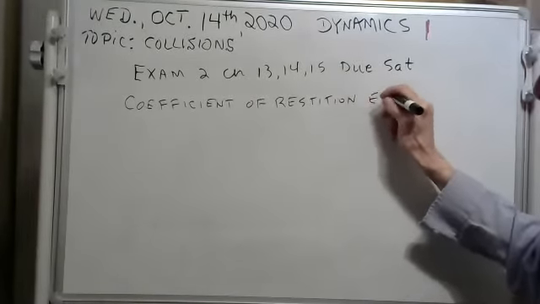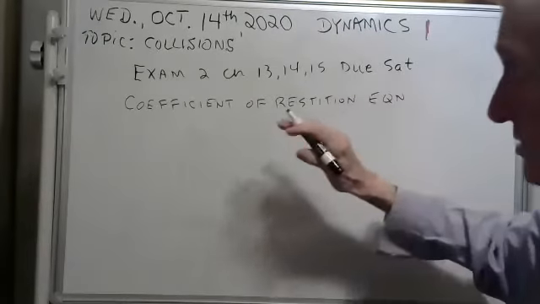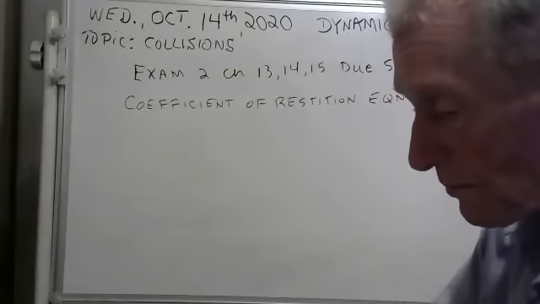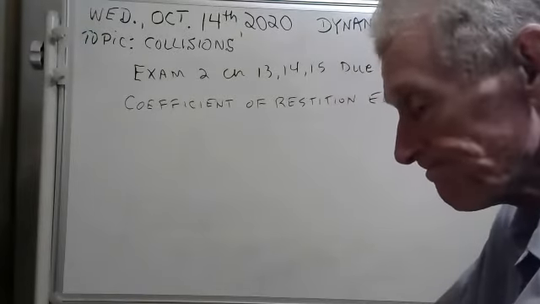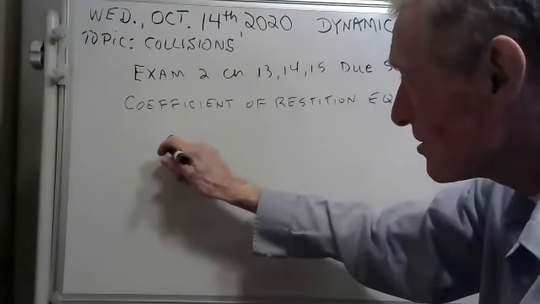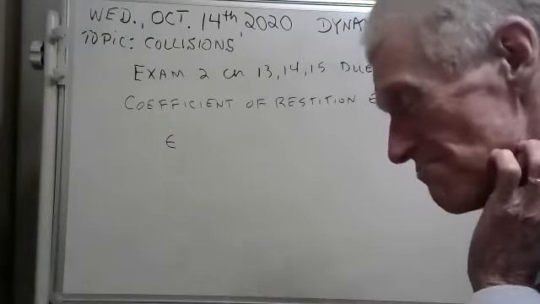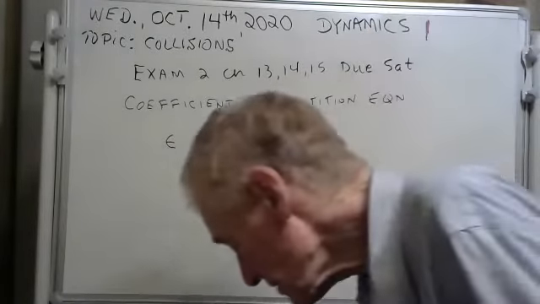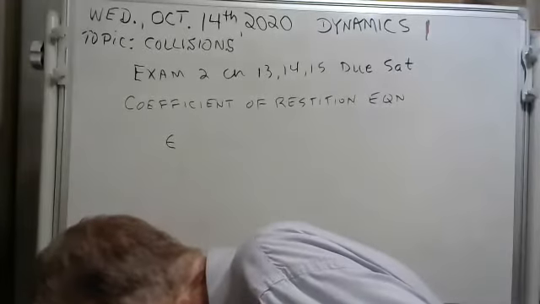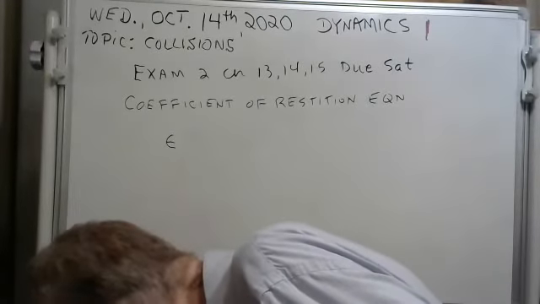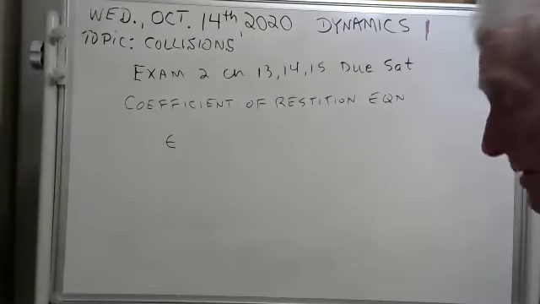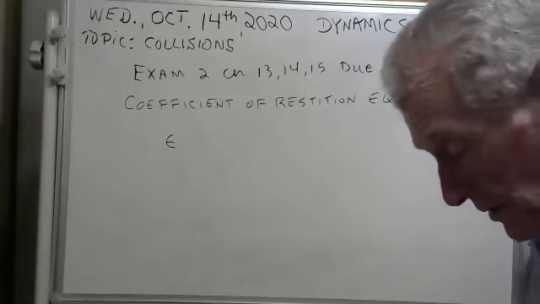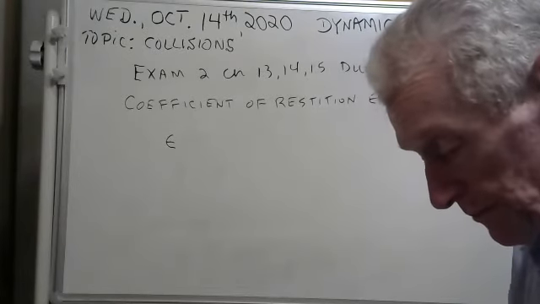Well, there's a coefficient of restitution, and the symbol the book uses, I think they use a little lowercase epsilon. Is that right? Just a minute. Let me dig in my book here. I'm going to look it up.